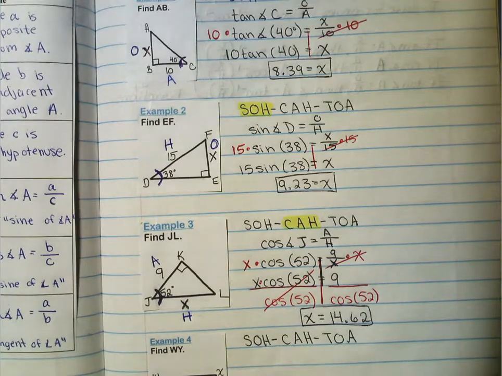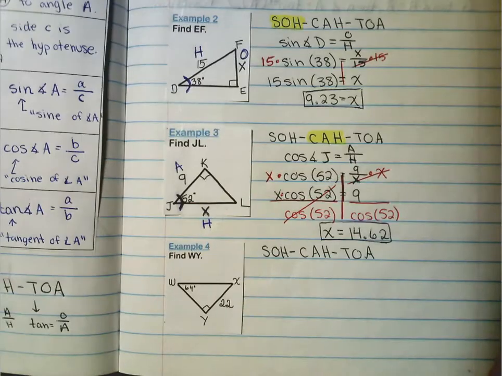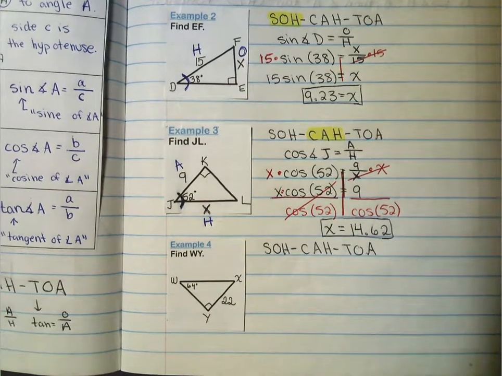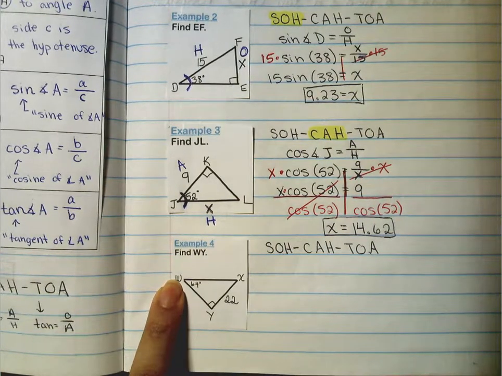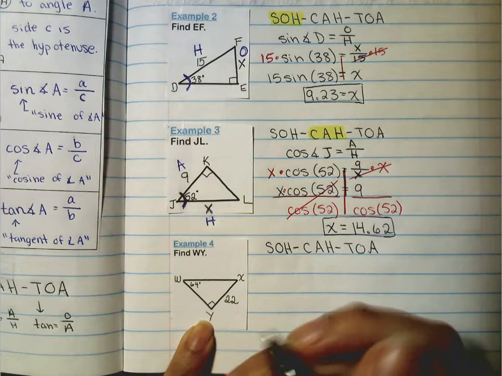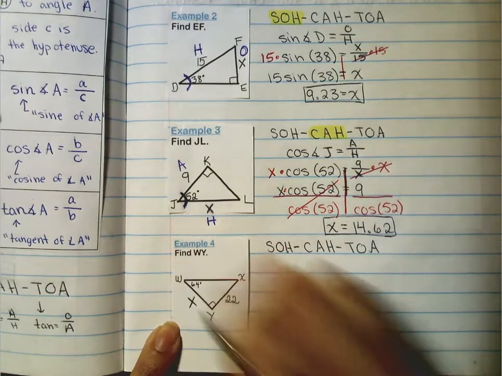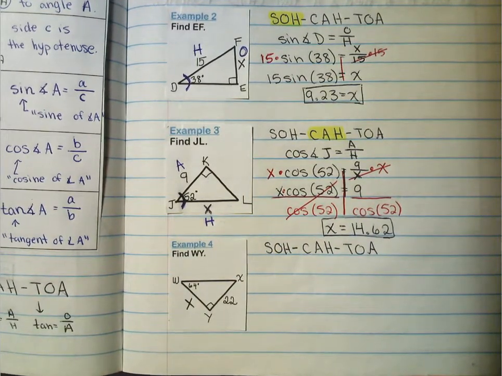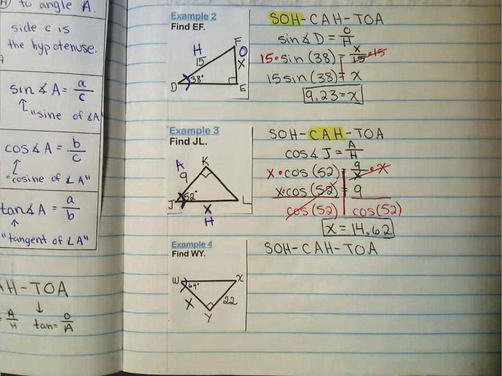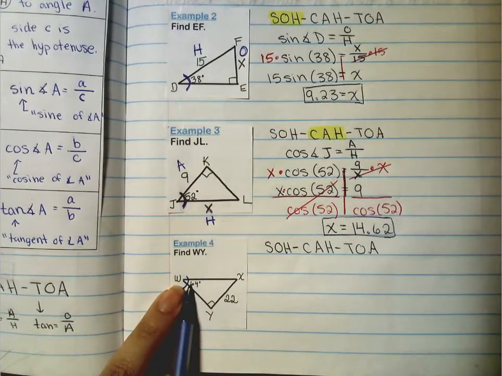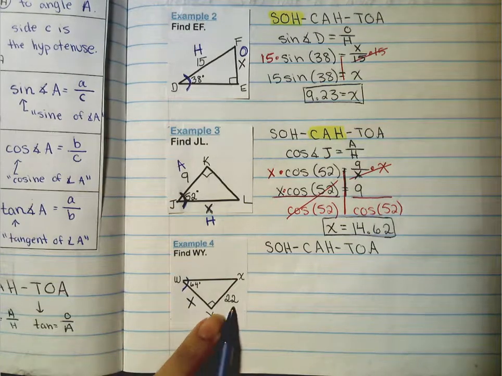And then one more example, and we're done. So last example, they're asking me to find wy. So here's my x value. They're giving me angle W is 64 degrees. So opposite from that angle, I have the 22.